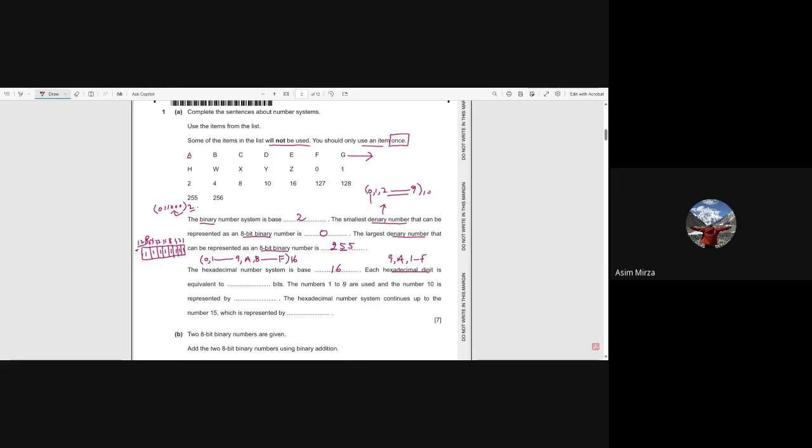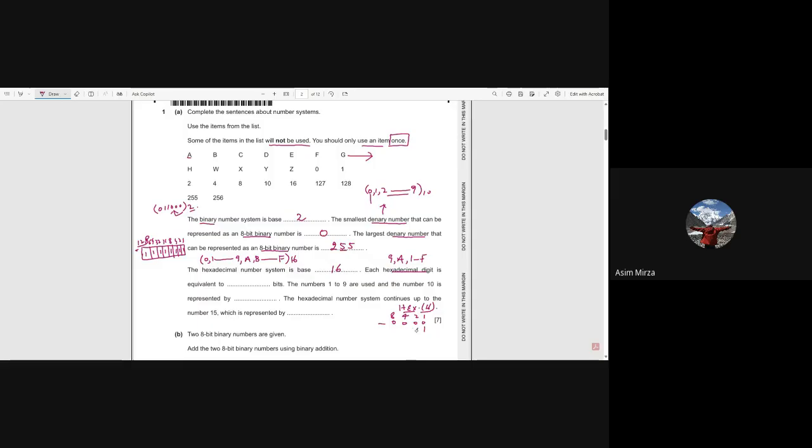Okay. Now this is the concept you have to understand, right? So we have 16 numbers in hexa or hex number system. We have 16 numbers. So how many bits do we need to accommodate all these digits? Let me tell you. 1, 2, 4, 8. The very first digit is 0, 0, 0, 0.